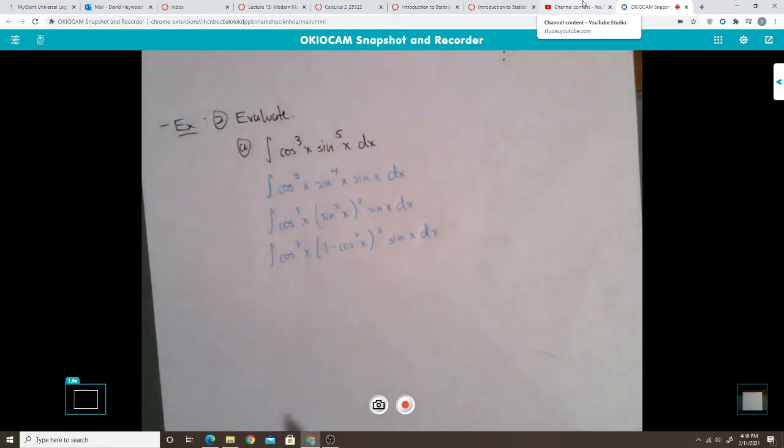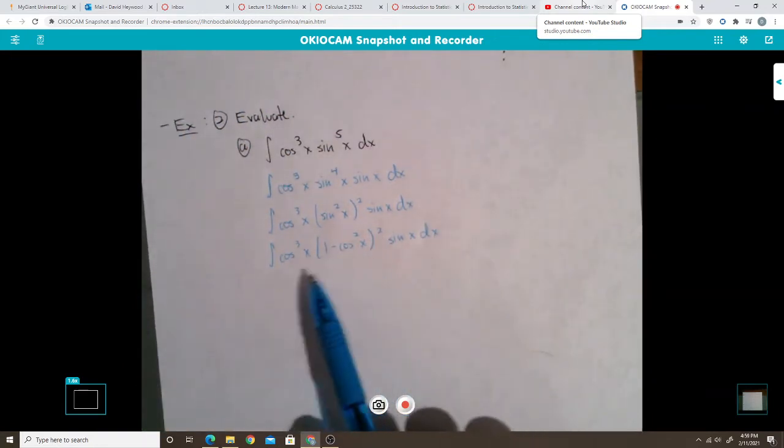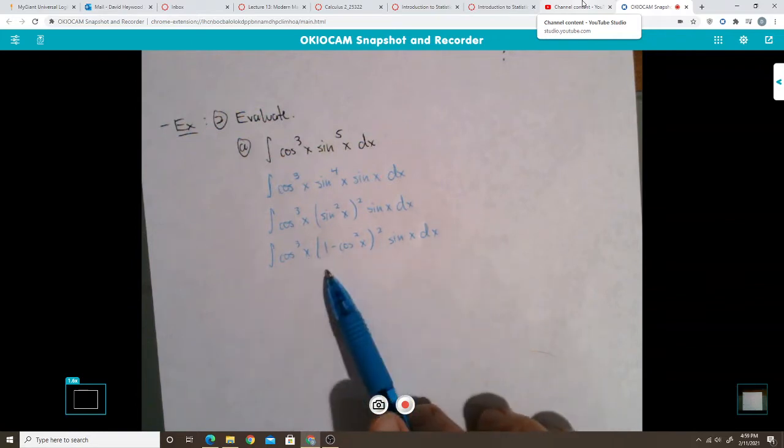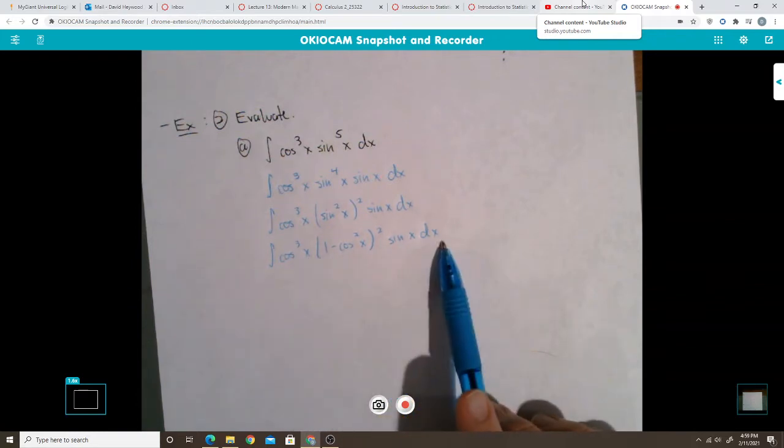Now notice that everything is in terms of cosines here and sine there. So I'm set up to let u be cosine x, because if I let u be cosine x, then du is going to be sine x dx.